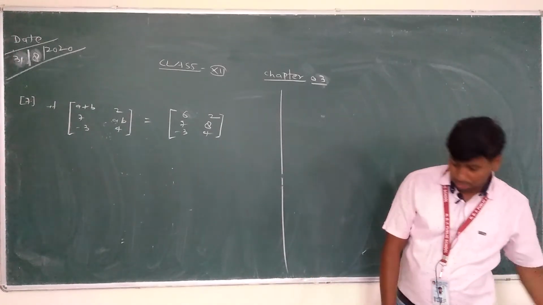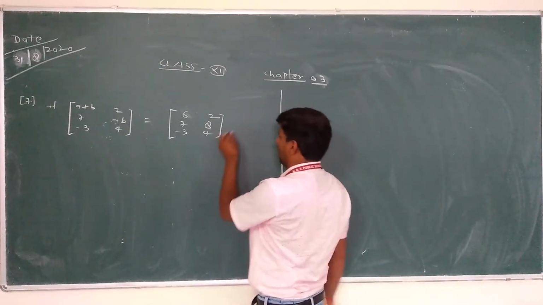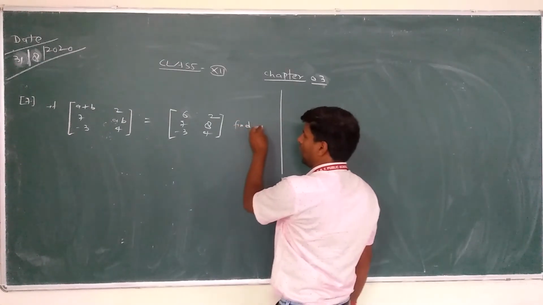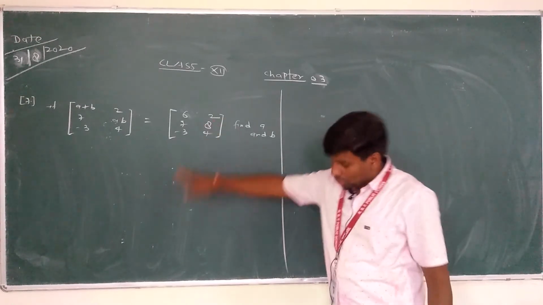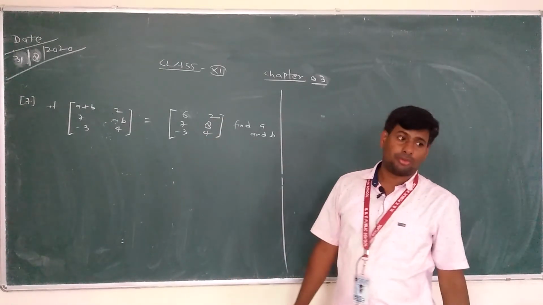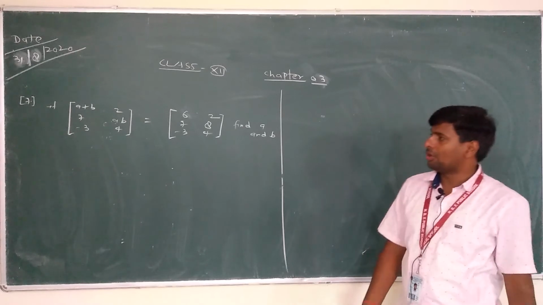If these two matrices are equal, then we need to find the values of a and b.